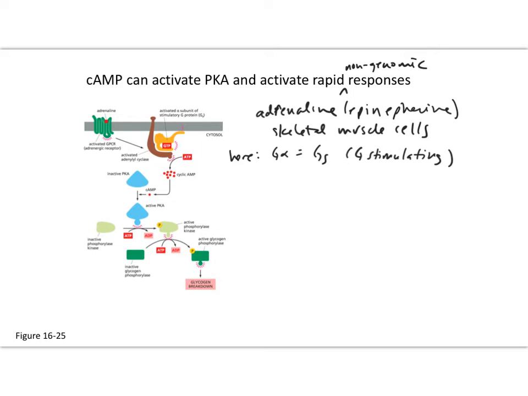As we've seen before, then the G-alpha can go and activate downstream or effector proteins, and in this case it's going to be adenylyl cyclase. And that means that that activated enzyme will produce a bunch of cyclic AMP second messengers. Cyclic AMP, when it's found at high quantities, has a likelihood to bind to PKA, and so that PKA, when it's bound to cyclic AMP, then is in its active state.